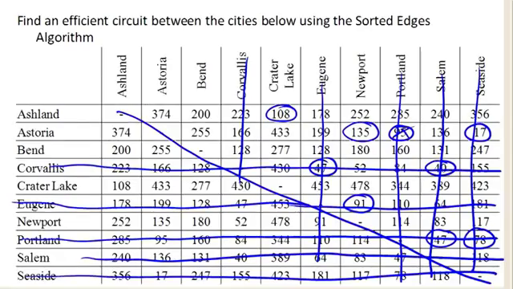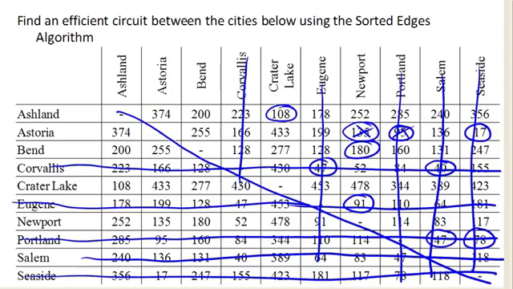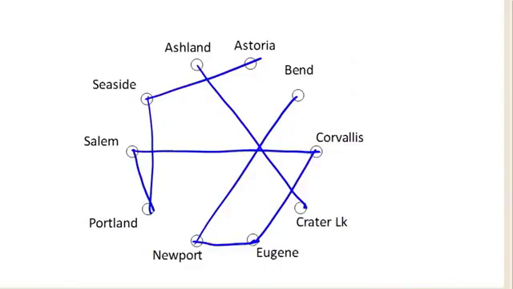How about next, Newport to Bend. So Newport to Bend, that's certainly going to be fine. So we'll add Newport to Bend. Next on our list is Bend to Ashland, which is 200. So Bend to Ashland, that's okay because we end at Crater Lake, and that should be fine.